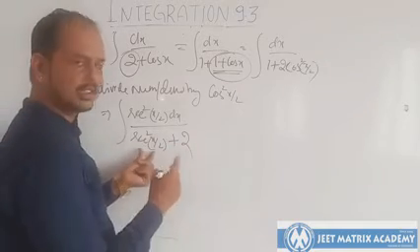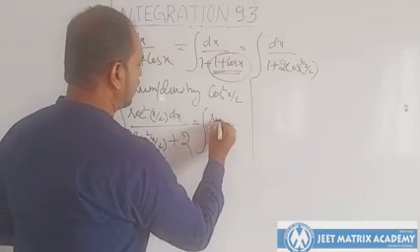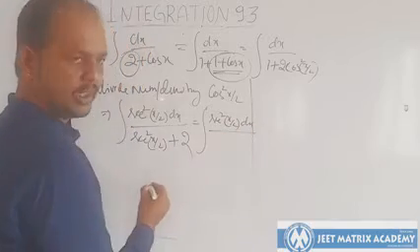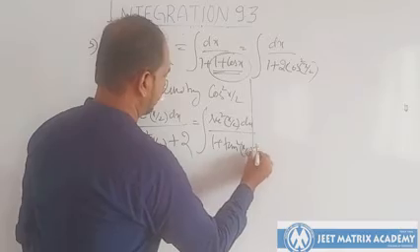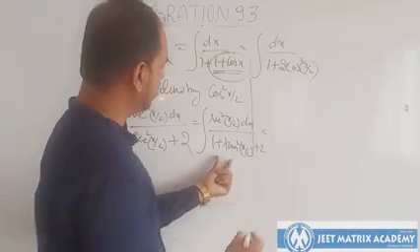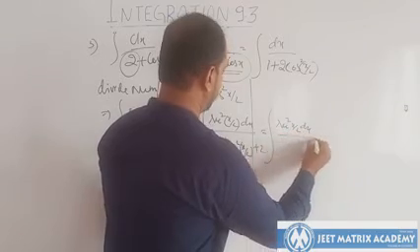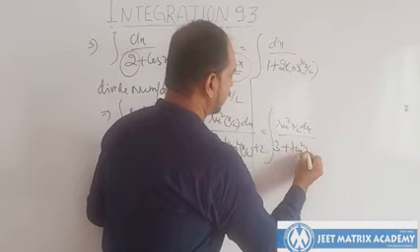Replace this by tan and substitute. So it will be sec square x by 2 dx divided by 1 plus tan square x by 2 plus 2. Now if you simplify, it will be sec square x by 2 dx divided by 3 plus tan square x by 2.